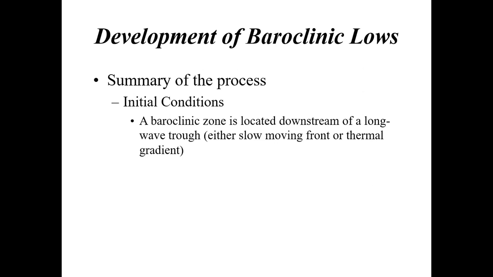We have a slow moving front, perhaps a stationary front. That's ingredient number 1. A baroclinic zone is that battleground between much colder air to the northwest and much warmer air to the southeast. So a baroclinic zone is a zone that sets up in the atmosphere that acts as that battle front or that battle zone between contrasting air masses.